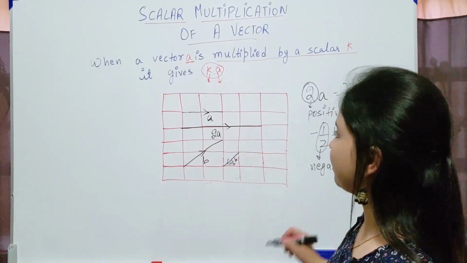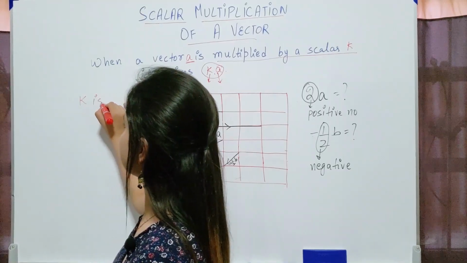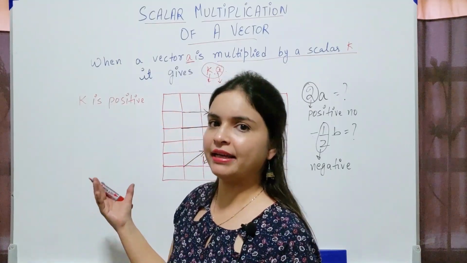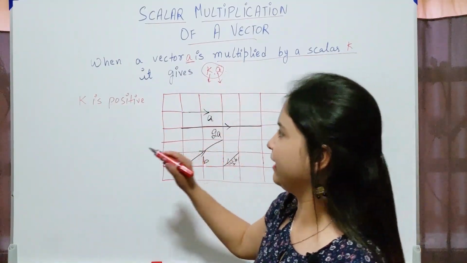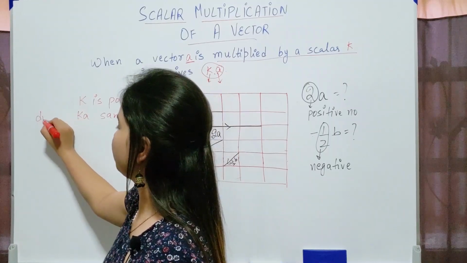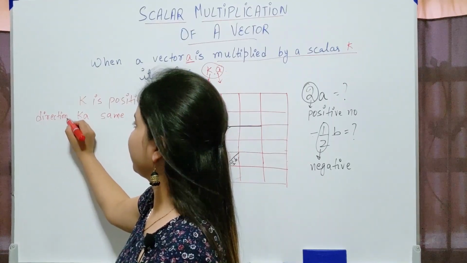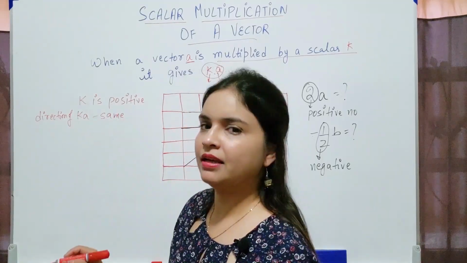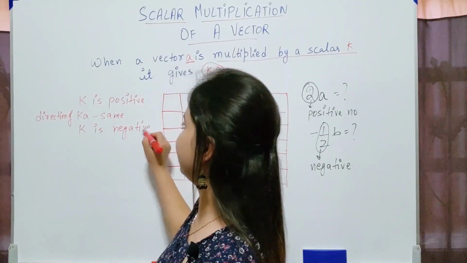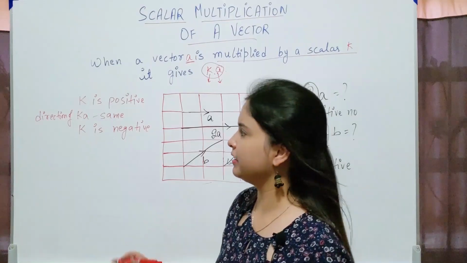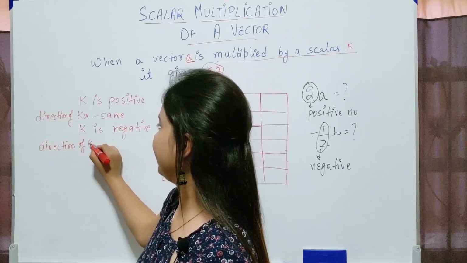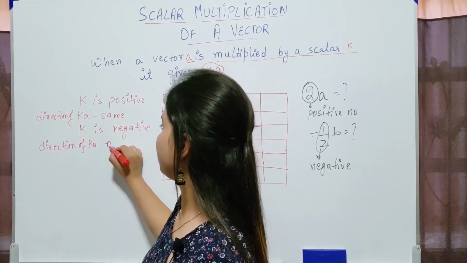So, that means if k is positive, then direction of my scalar multiplication ka will be same. If k is negative, if my scalar is negative, for example, -2, -3, then my direction of ka will be opposite.